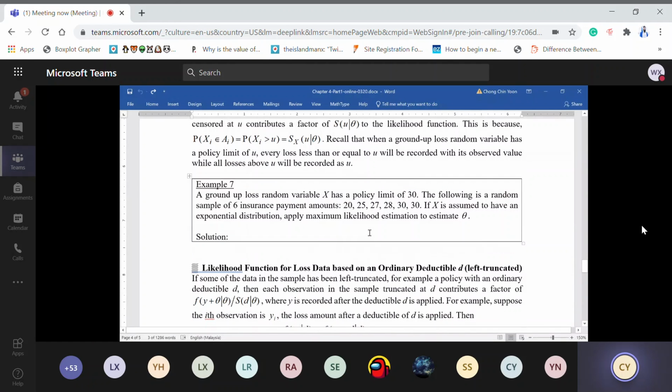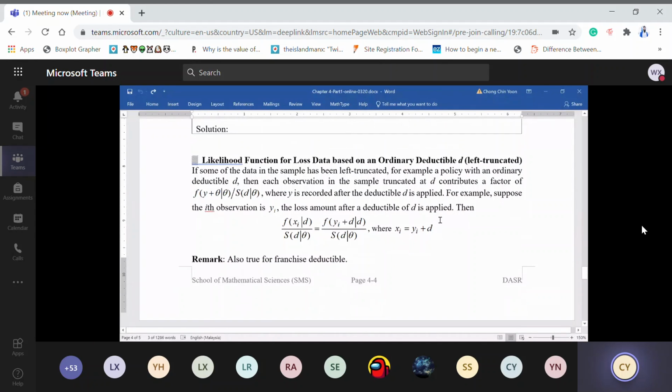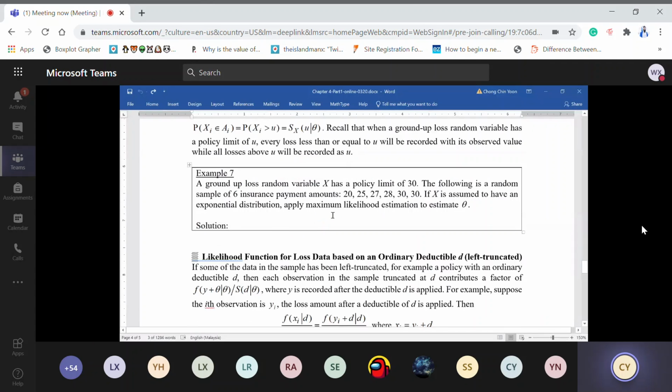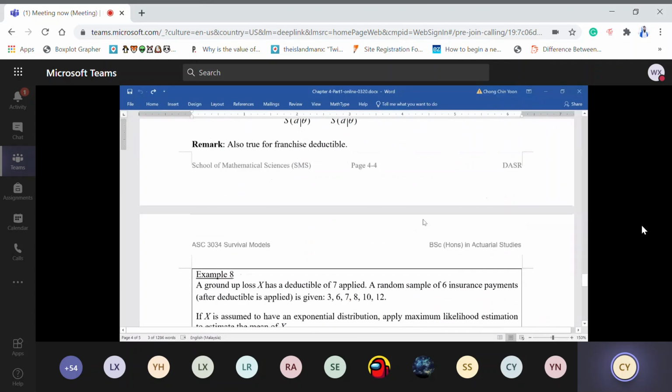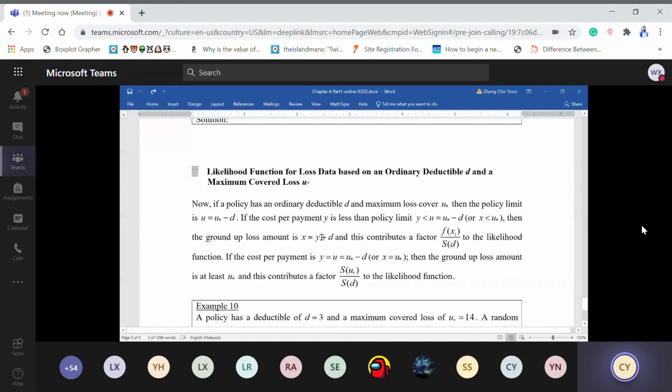Let me go to the next one, the deductible D. If you have a deductible D, then you will involve this factor, that is the PDF divided by the survival function. This one you know. I want to compare the policy limit and the maximum covered loss. For the maximum covered loss, I told you this formula, right?